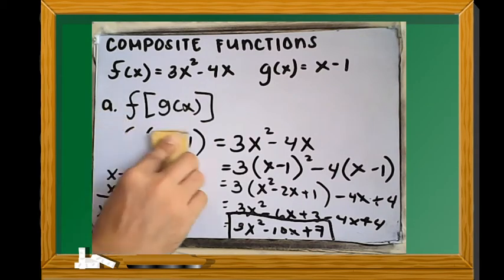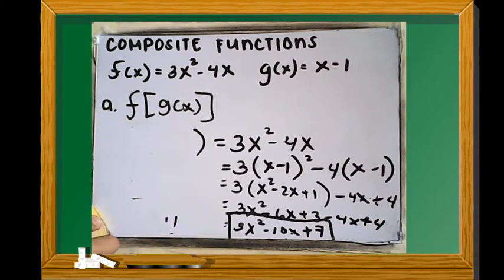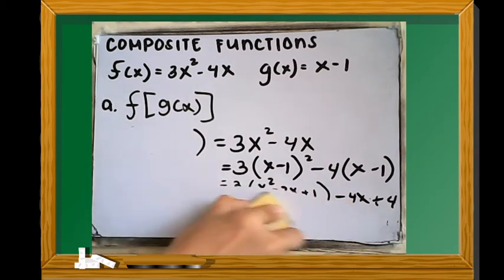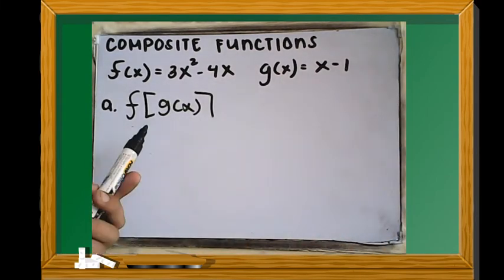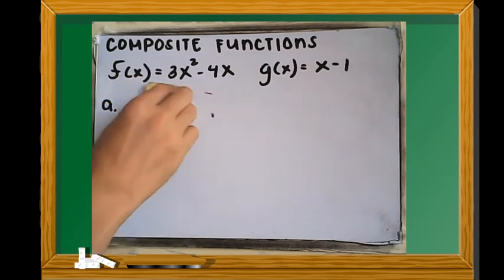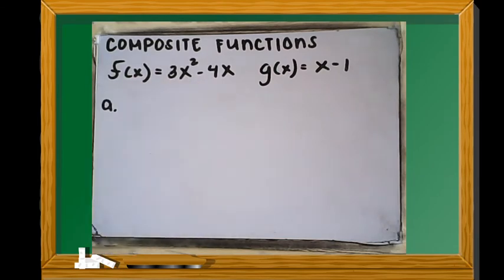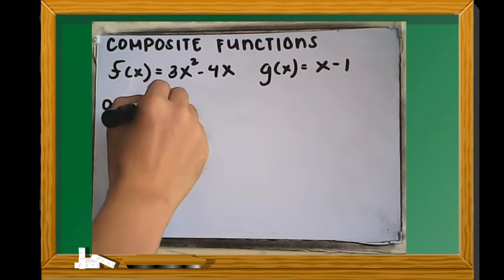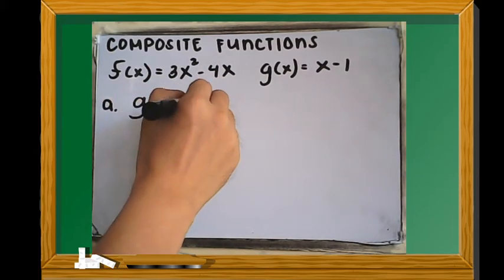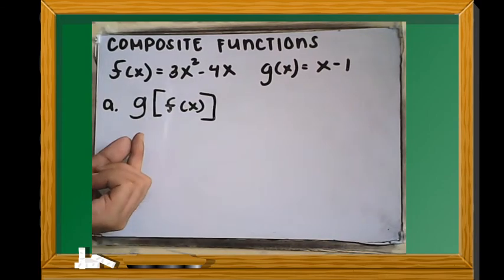Another example with the same given functions. So instead of f of g of x, let's just change. So nasa labas naman ang g and then f of x. So g of f of x.